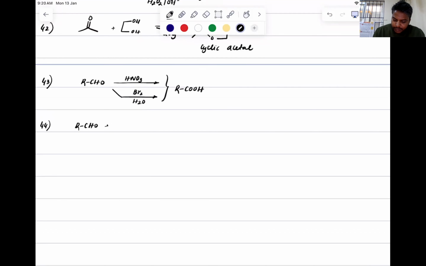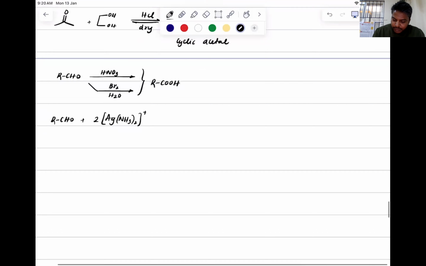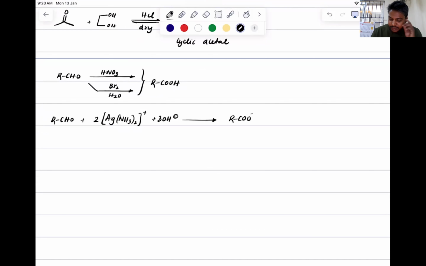If aldehyde, when you react with silver ammonium complex, NH3 plus, plus 3 moles of OH minus. Got it? Then you are expected this to form RCOO minus plus Ag as the silver mirror. And this reaction is called Tollens' test.